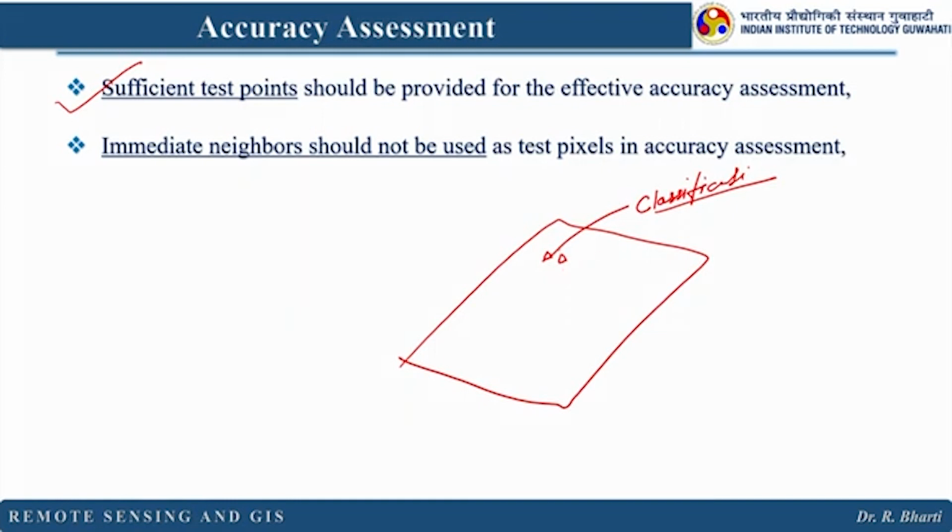If they are just next to each other, then you will end up again introducing errors. So it is better not to use the immediate neighbors as test pixels.